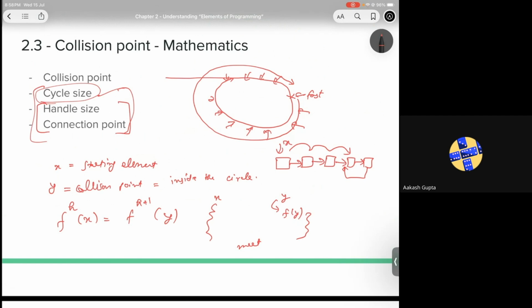Move one step from the collision point, and then move both points one by one. So apply the function on x and y simultaneously, and count how many steps we took till they meet. They will meet at the common connection point, and the number of steps we took on the starting element x will be the handle size. Okay, so we have determined the structure.